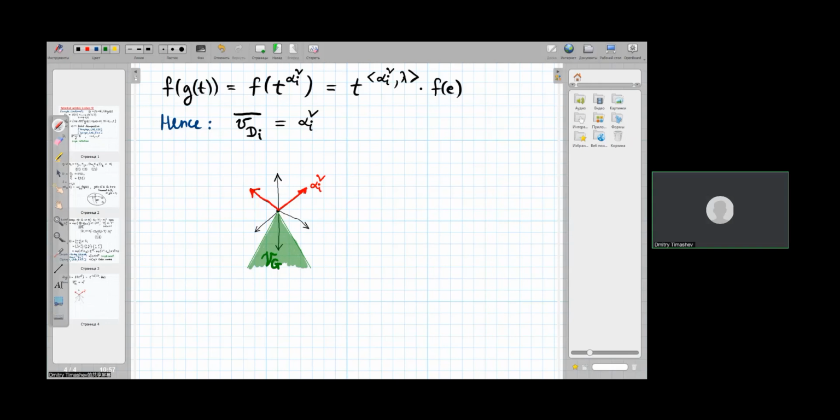And as for colors, they are analogs of simple coroots in a weaker way. So they do not correspond to simple coroots of this special root system. This is just somewhat different set. But anyway, morally, you should imagine a picture like this. When you consider the color data of a spherical homogeneous space, you should keep in mind a picture like this. So the valuation cone looks somewhat like the negative Weil chamber, and colors look somewhat like simple coroots. Okay?